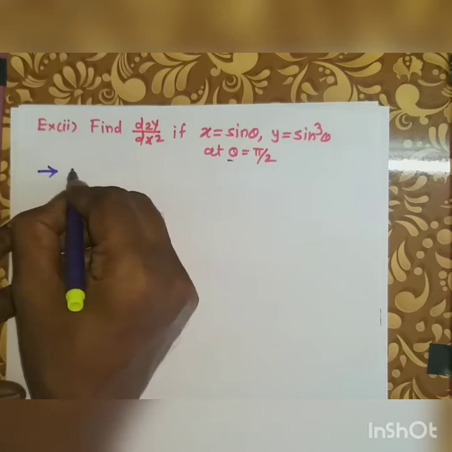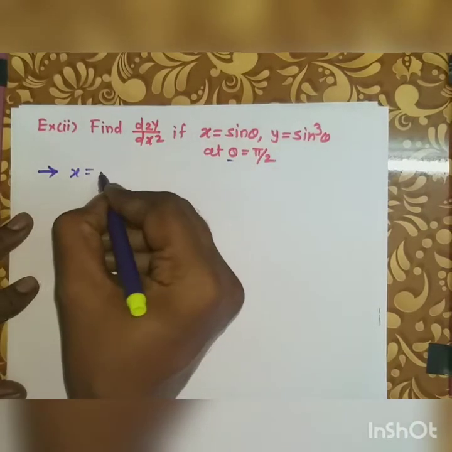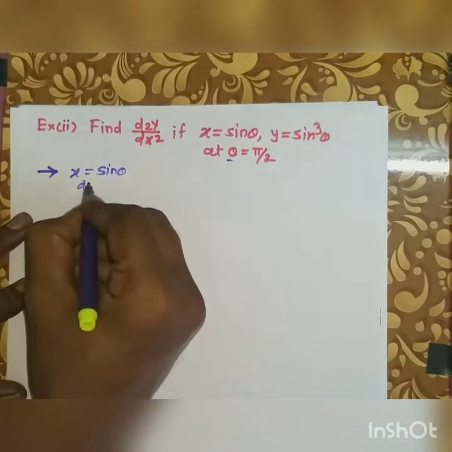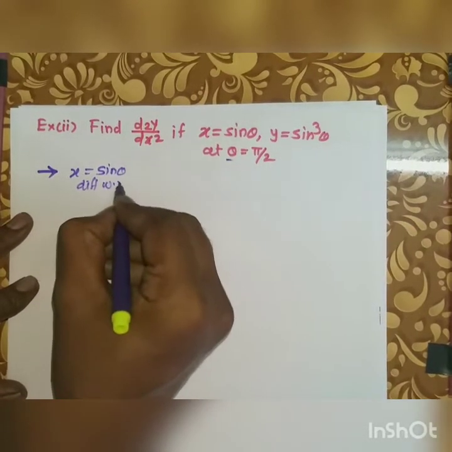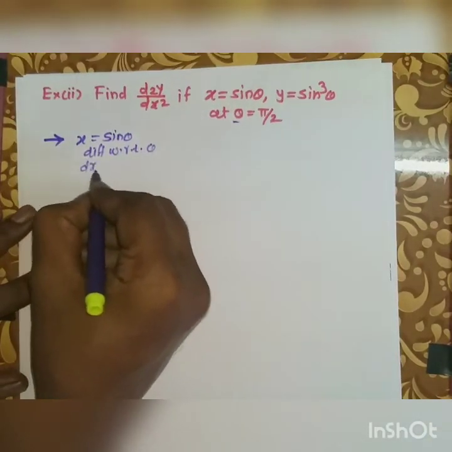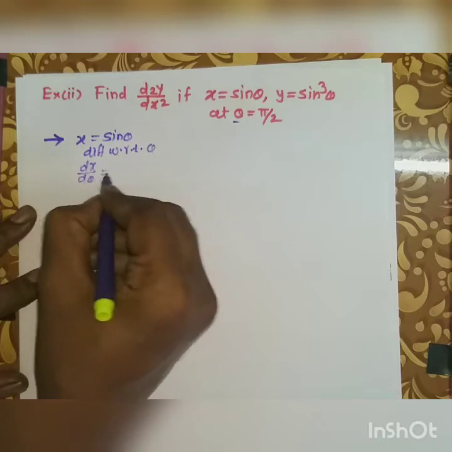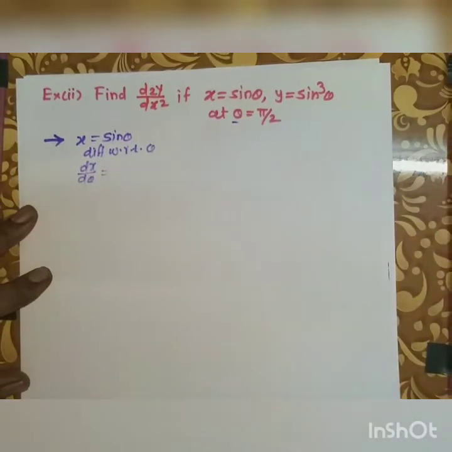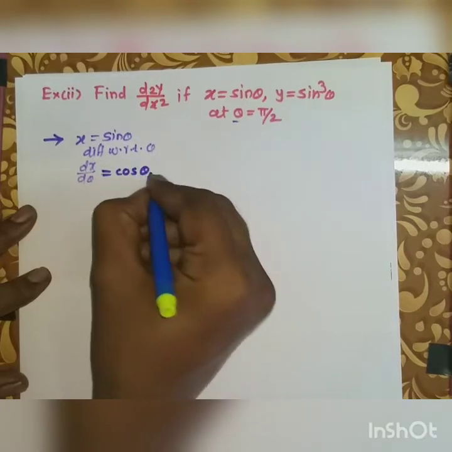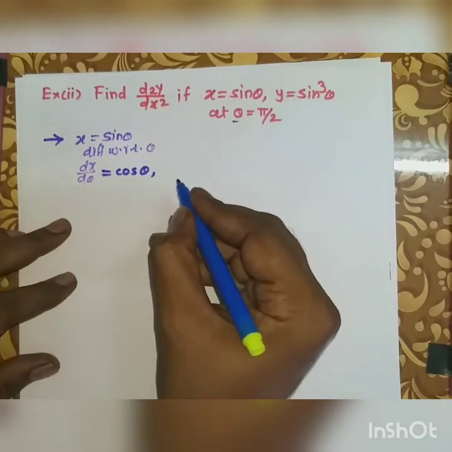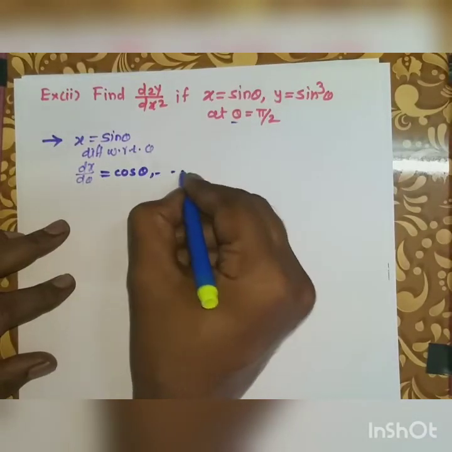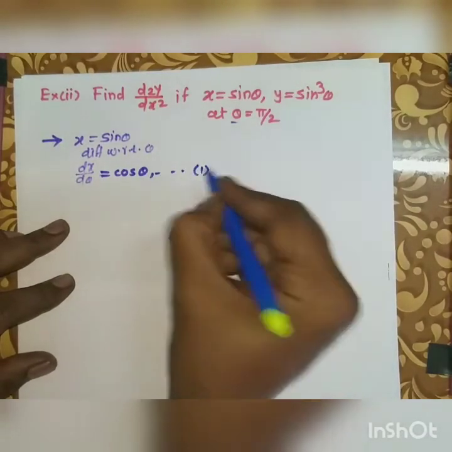Now first find the derivative of x, x is equal to sin theta. Differentiate with respect to theta, dx by d theta is equal to cos theta. Now we write this as equation 1.